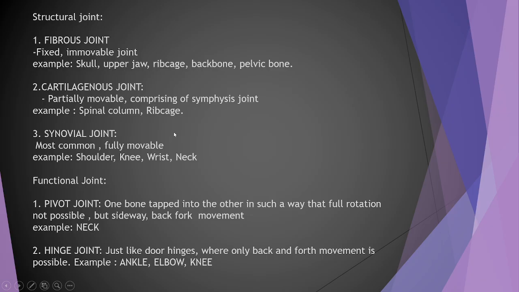Coming to functional joints. In a pivot joint, one bone is fitted into another in such a way that full rotation is not possible, for example the neck.